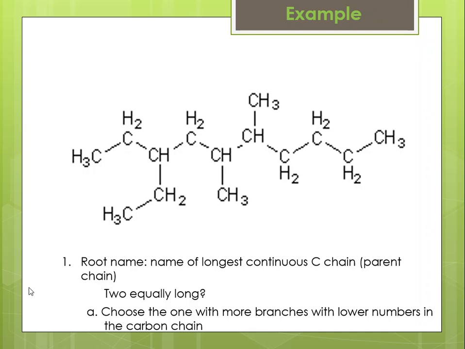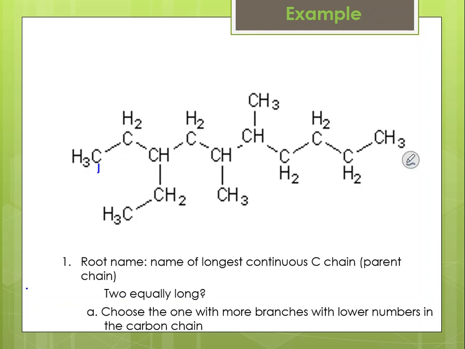So going back over naming this particular molecule, step one is trying to identify the parent chain, the longest carbon chain in the molecule. Now, you can play around with the numbering. Start from one end to the other.